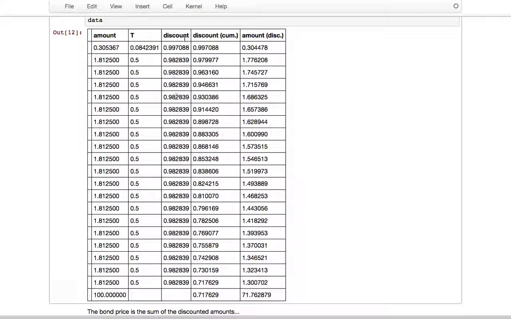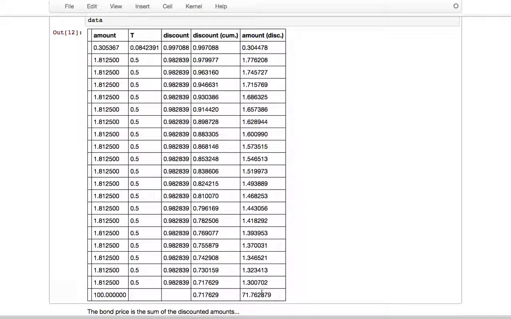These are all the same, and this is the cumulative discount that we obtain by multiplying these ones. And finally, this is the discounted amount, so the coupon amount multiplied by the corresponding discount.